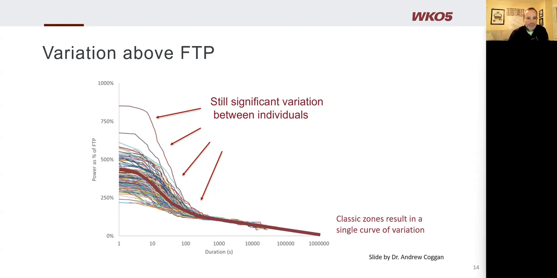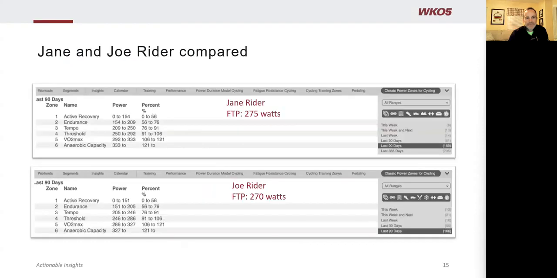Well, if you took 2 athletes and put them side by side and said, I'm going to compare these 2 athletes, Jane Ryder and Joe Ryder. I'll give you a little background on Jane and Joe here. They both have very similar FTPs, 275 versus 270, 5 watts, right? No big deal, pretty similar.